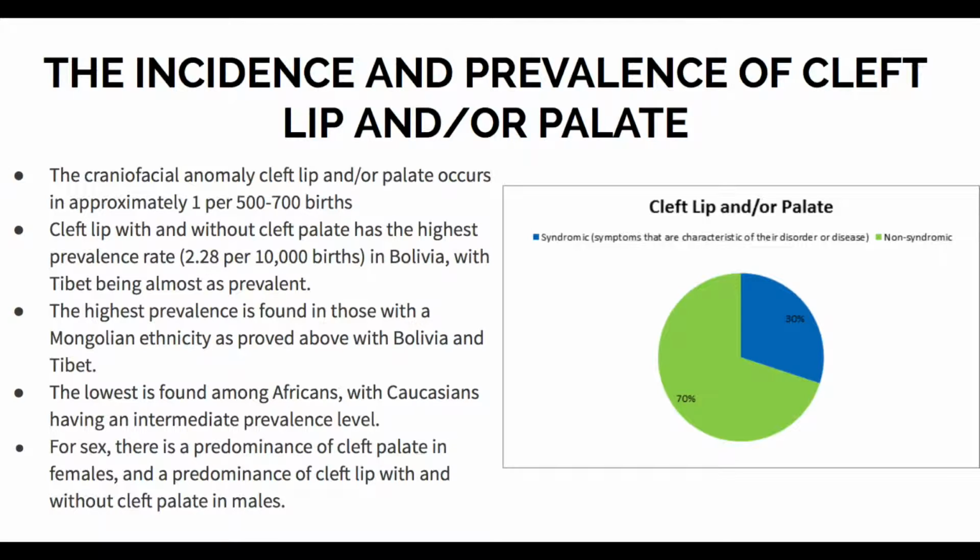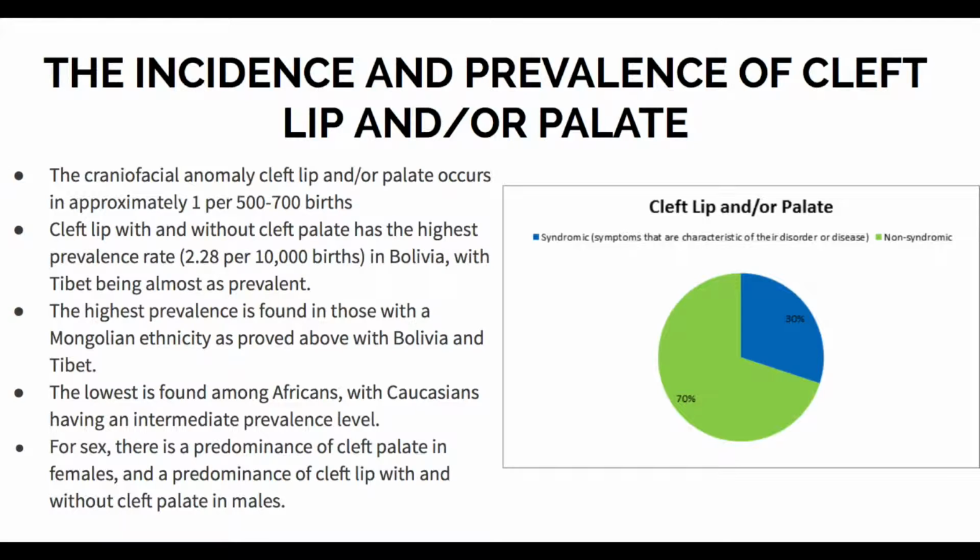On the low side of the spectrum, countries such as those in Africa and Latin American countries with a high African ancestral background, such as Venezuela and Santo Domingo, have a far lower prevalence of cleft lip and/or palate. For Europe, higher prevalence is found in the northern countries, with a lower prevalence in the southern countries.